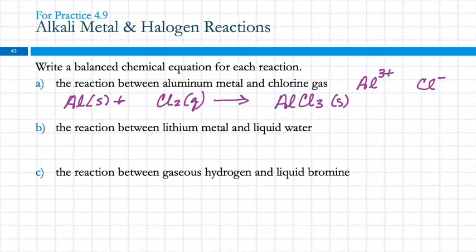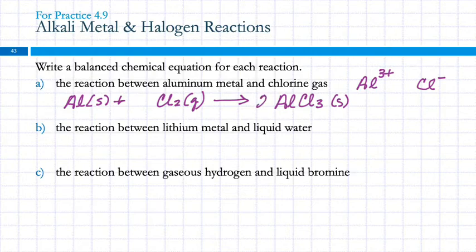So then how do we balance this? What numbers do we need? We need 2 aluminum. Because we're going to need 3 chlorine gas, we're going to need 2 aluminum trichloride.